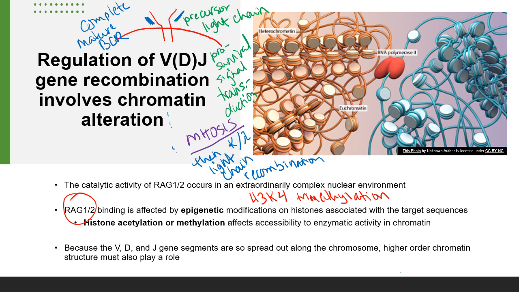Then, if that is successful, you get signaling through the pre-B cell receptor, and that triggers mitosis and pro-survival signals. After the rounds of mitosis, you go back and try to make a functional light chain receptor. If at any point you can't do these processes, the cell will either die or it will try to recombine using the second chromosome.